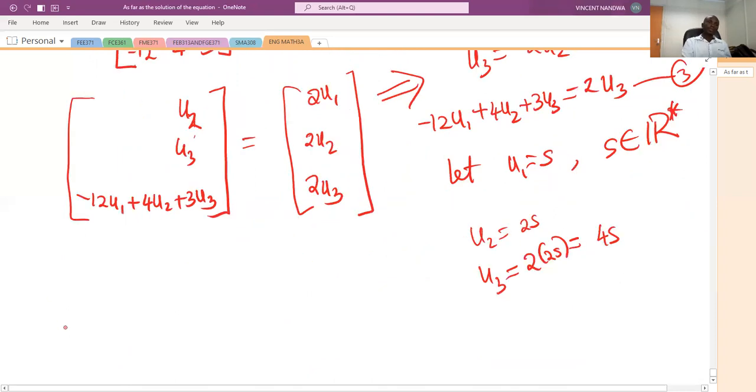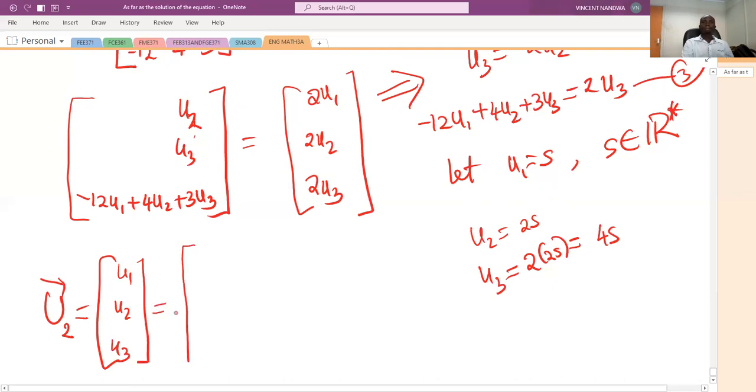So the vector u2, with components u1, u2, u3, is given by s, 2s, 4s, which is 1, 2, and 4 times s.